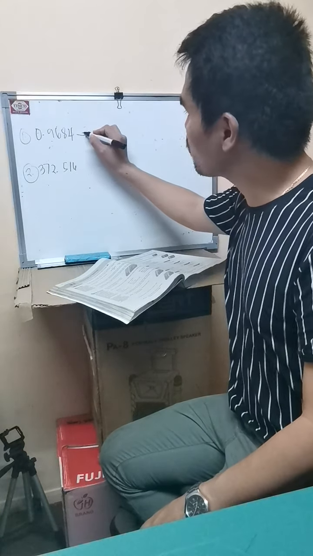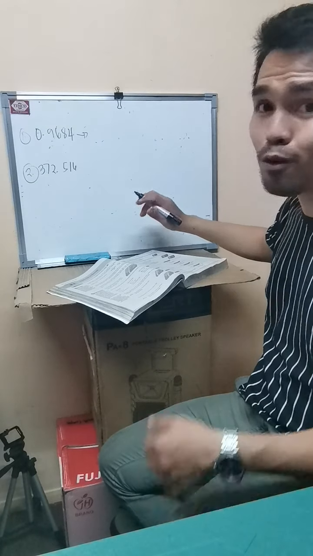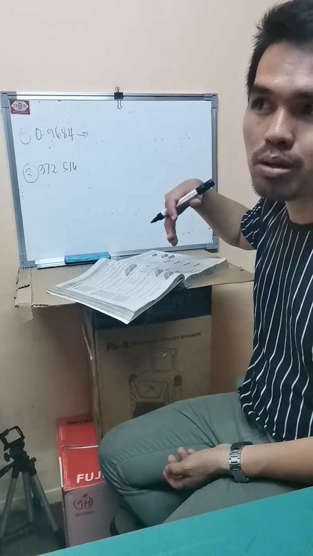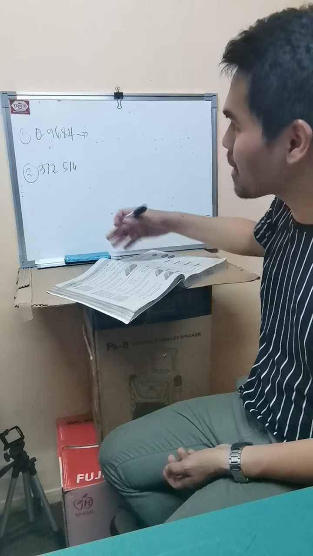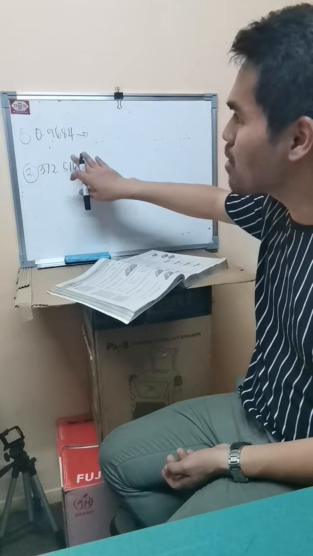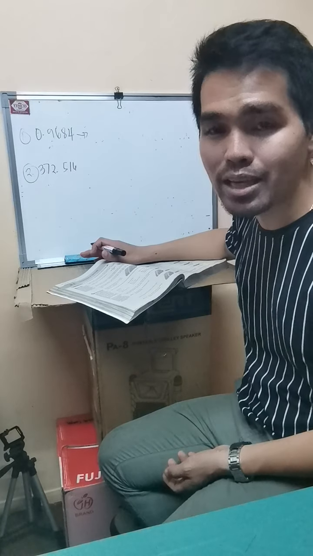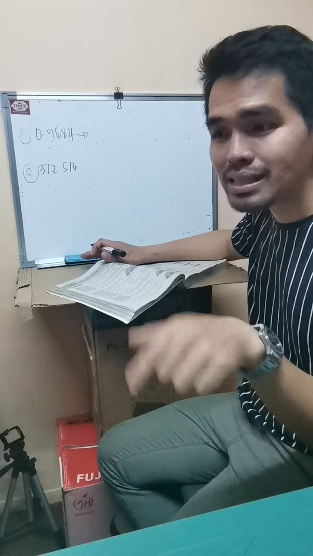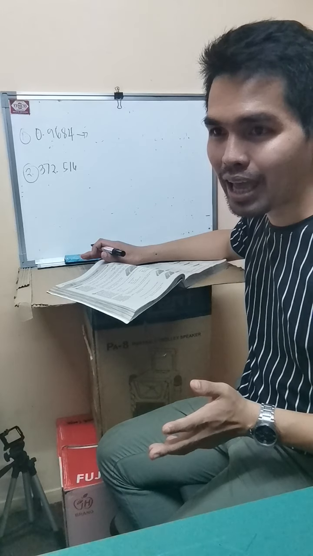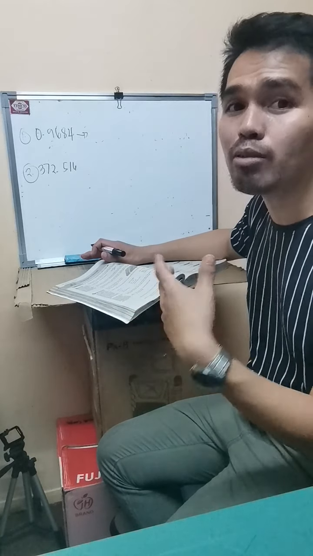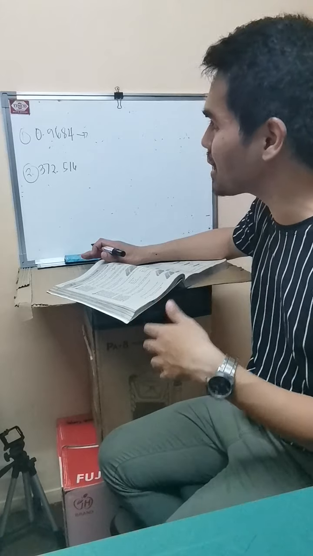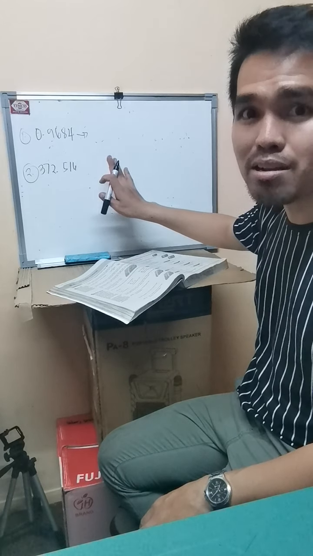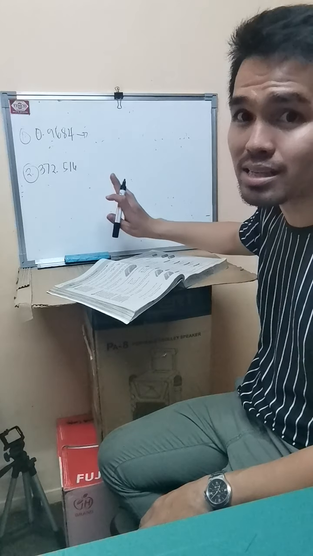In word form, of course, we don't have a whole number part here because it's 0. The standard way of writing a decimal notation without a whole number part is to represent it with 0. We do not simply leave it as a dot and then the number. That's not the standard way of writing decimal notation.